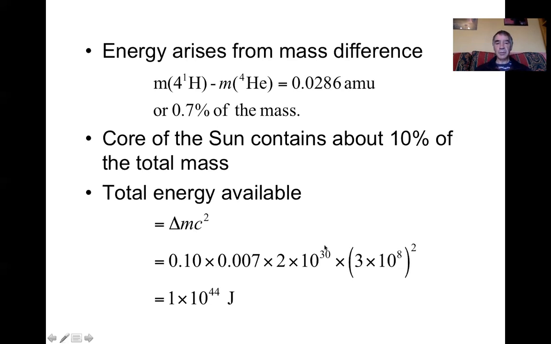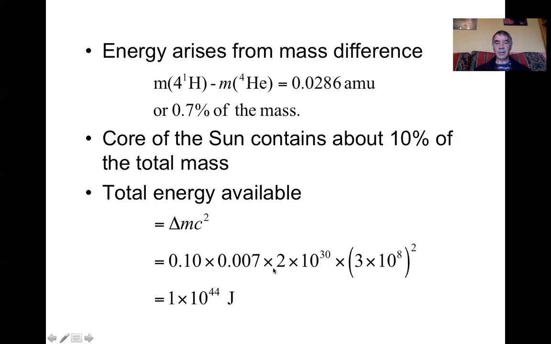So let's put all those numbers into the calculation here. We've got 0.1 here, that's your 10% of the total mass of the sun. We've got this efficiency for the nuclear fusion reaction where you're turning hydrogen into helium of 0.7%. If we express that as a fraction, it's 0.007.